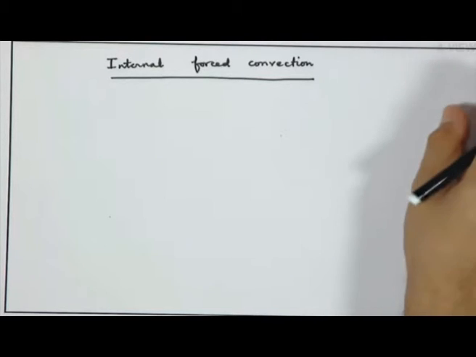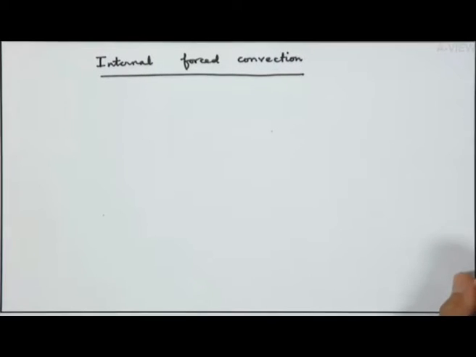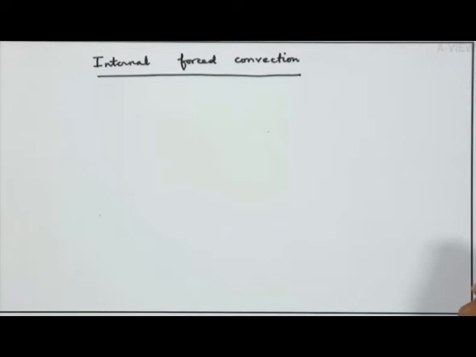Internal forced convection is something which is encountered very commonly in industries, and the classical example is flow through pipes or flow through channels where heat transfer is taking place. So, we want to get a physical and mathematical feel of how to tackle that condition.